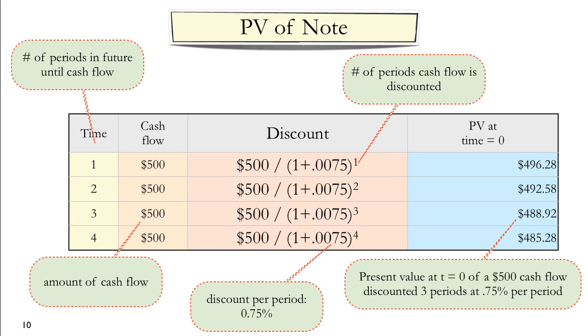So what this slide says then is that in time period 3, a cash flow of $500 discounted at 0.75% for 3 periods is equal to a present value of $488.92 at time period 0.